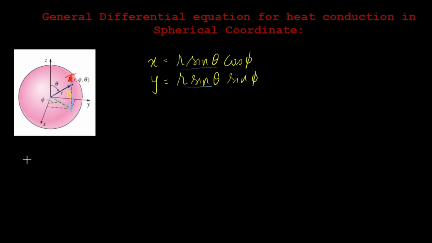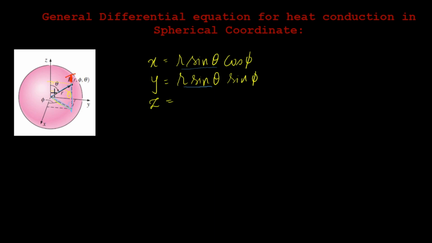Now we need to find out z. We have this line, that is the radius, inclined at an angle of theta with respect to z. If I want to find out the height, that is z, I can draw a straight line here. This angle will be 90 degrees and this angle is theta, as we know.